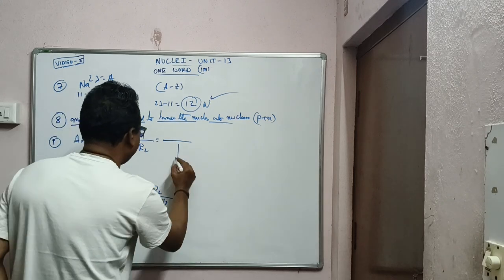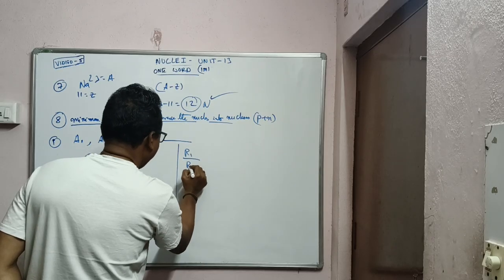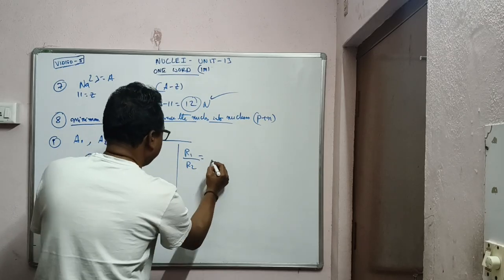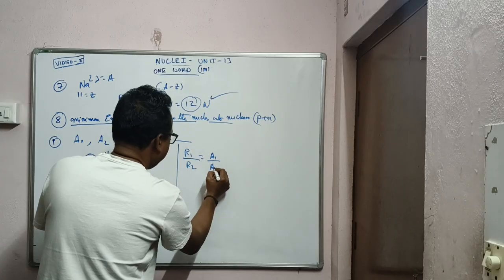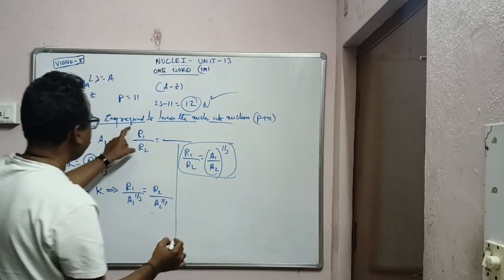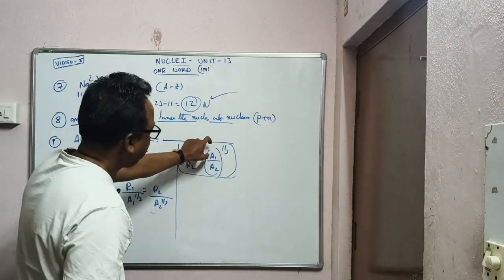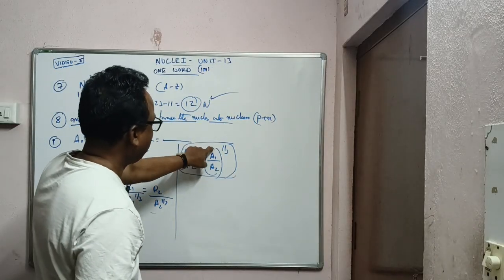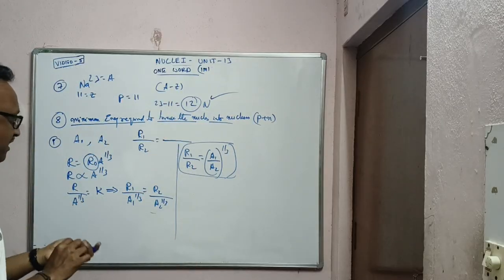We can write this as ratios: R1 by R2 is equal to A1 by A2 power 1 by 3. That's all. So the ratio of the radii is given by the ratio of their mass numbers, A1 by A2 power 1 by 3.